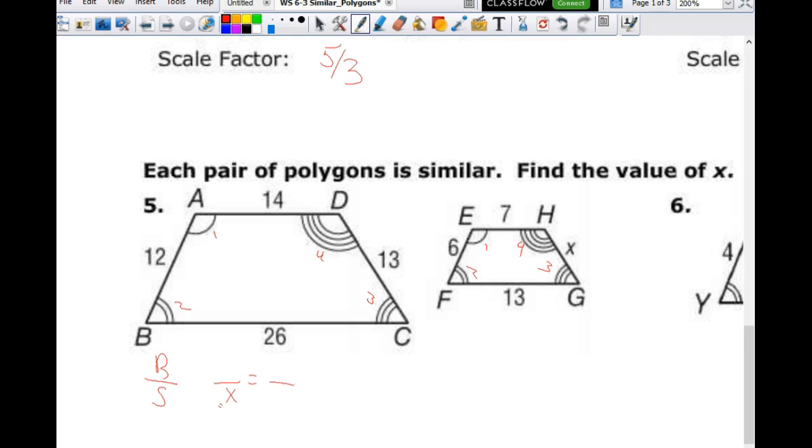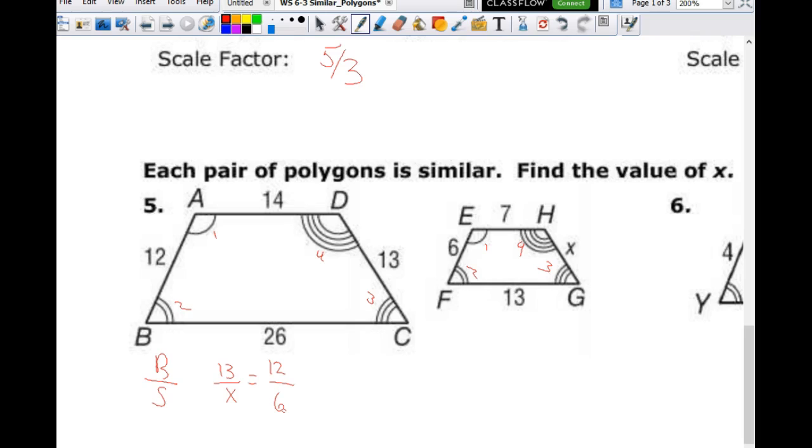What corresponds with x? Okay. Now I can choose any other number. I'm going to choose, I don't know, 12. Why did I choose 12 as the smallest one? 12 and 6. The biggest tip I can give you right now is before you even cross multiply, see if you can reduce. Can we reduce any of those? Yes.